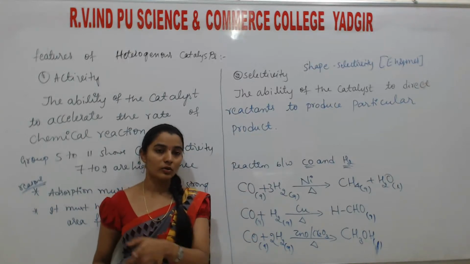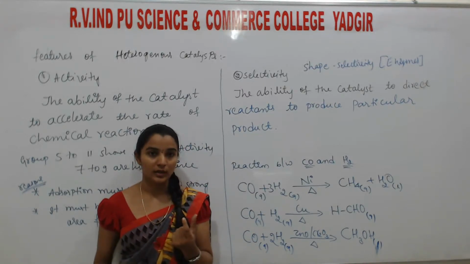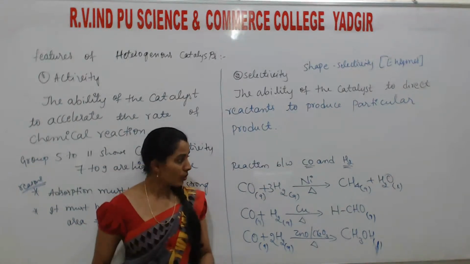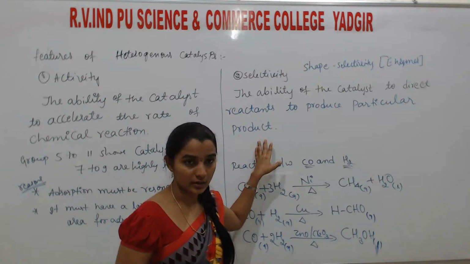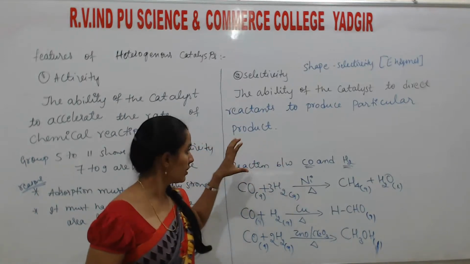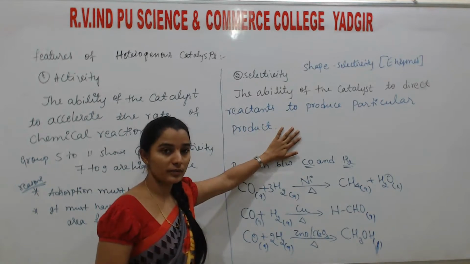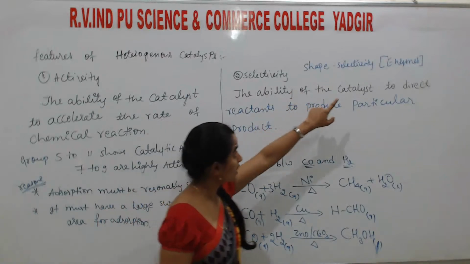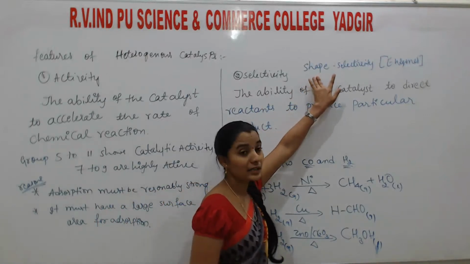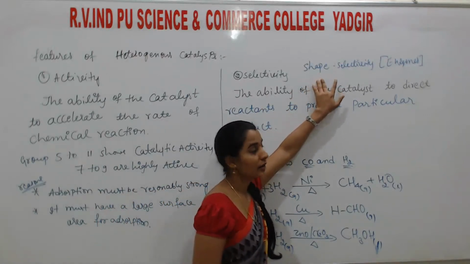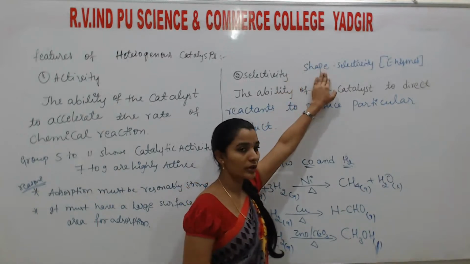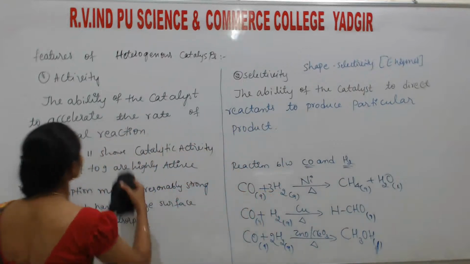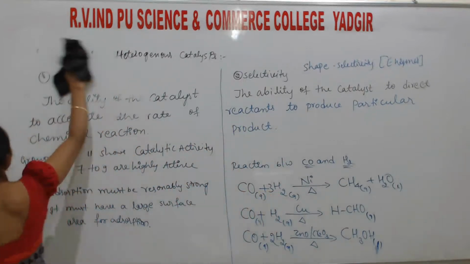Sucrose to glucose and fructose means we need sucrase, invertase. So those are enzymes. Those enzymes are biocatalysts to conduct a biochemical process. Certain reactions are there, enzymes are there. Those enzymes show shape selectivity of the catalyst. One of the most important selectivities is shape selectivity. How the mechanism takes place, I'll explain. Okay, so this is all about the features.